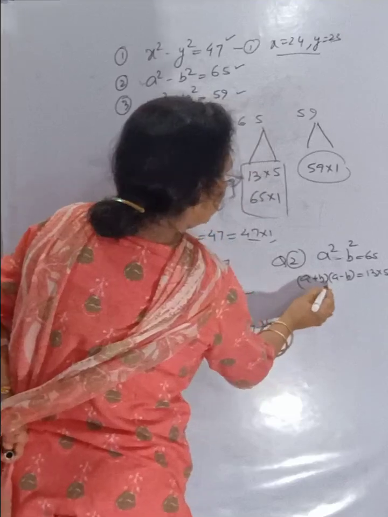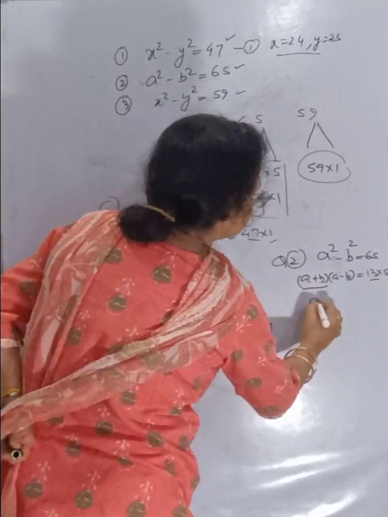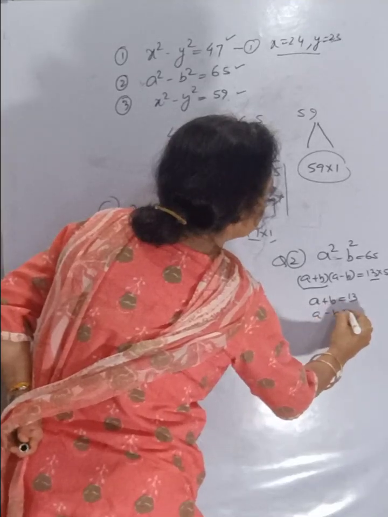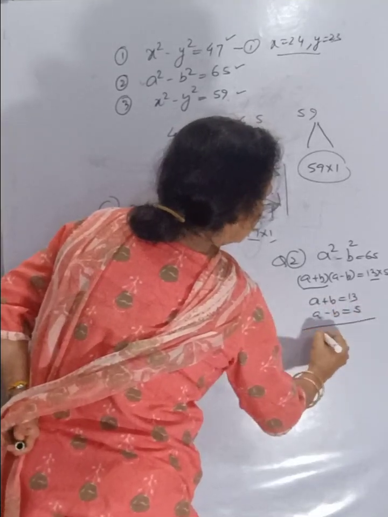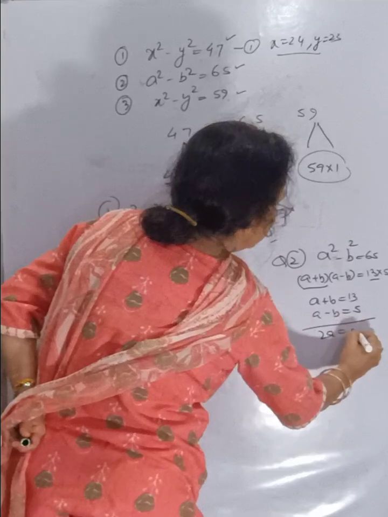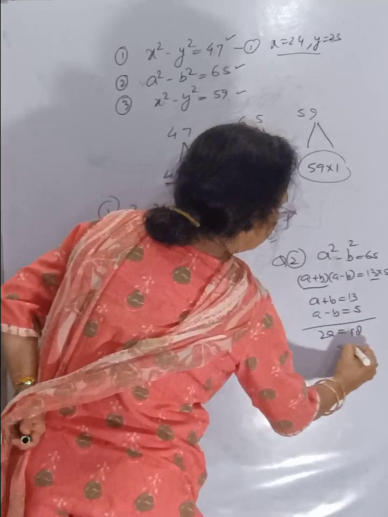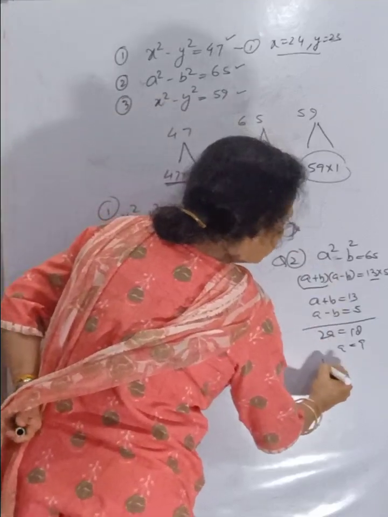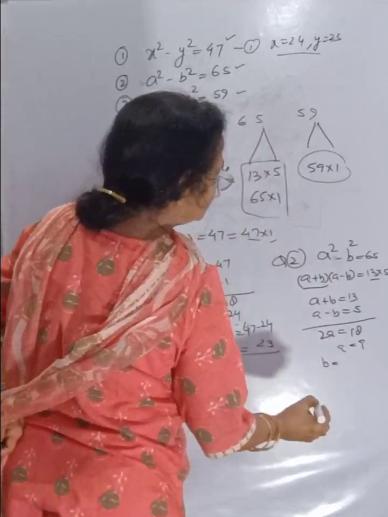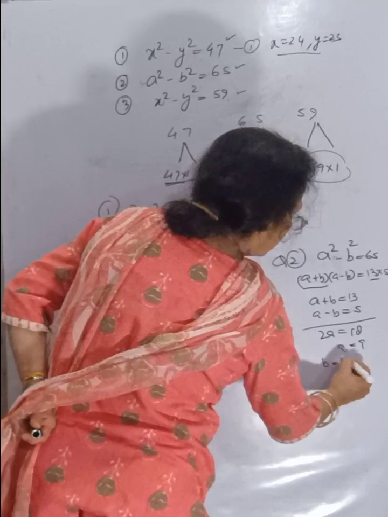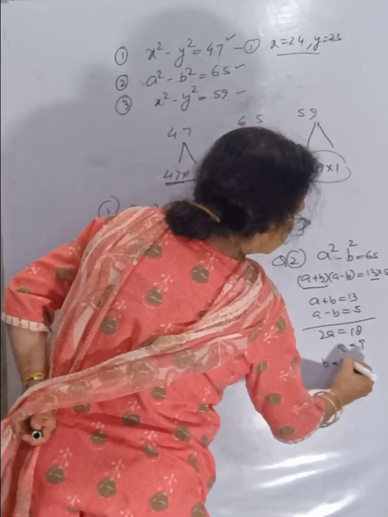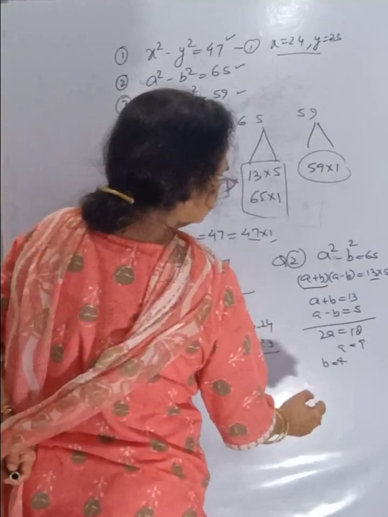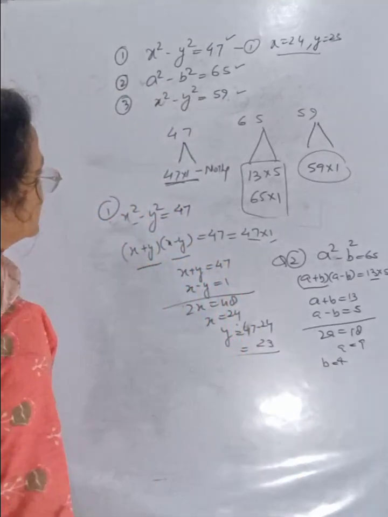Okay, it means addition will be equal to 13 and a minus b is equal to 5. Now 2a will be equal to 18 and a will be equal to 9. And hence b will be equal to 4. Okay, this is the answer.